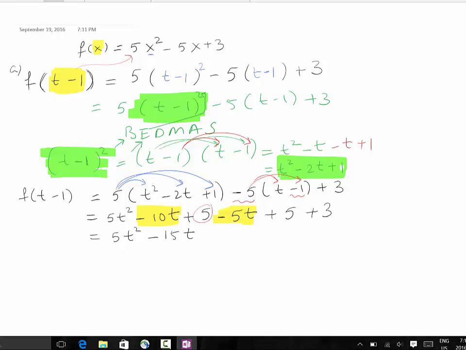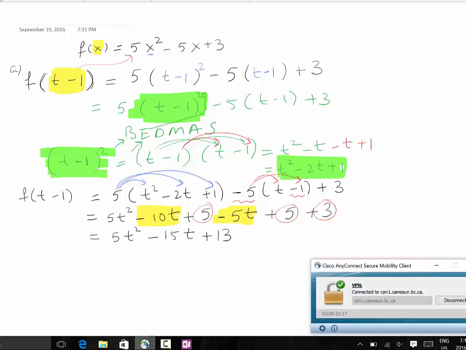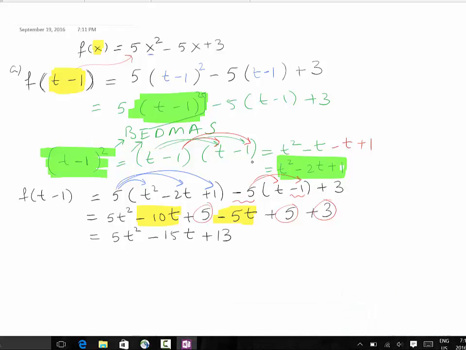So 5, 5, 3, when you add them you get 13. And so that means your answer is going to be f(t minus 1) equals 5t squared minus 15t plus 13 for this question.